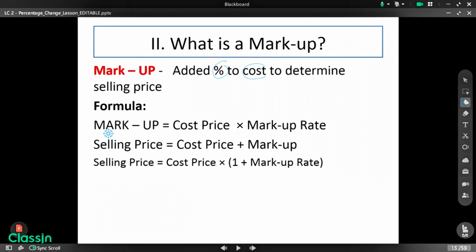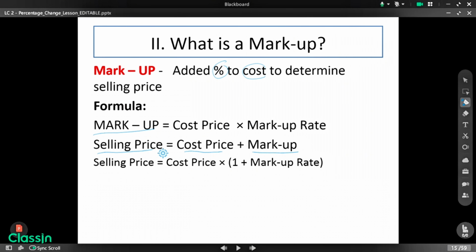The formula for getting the markup is cost price times markup rate. And of course, the selling price would be cost price plus the computed markup. Selling price is equal to cost price plus markup.